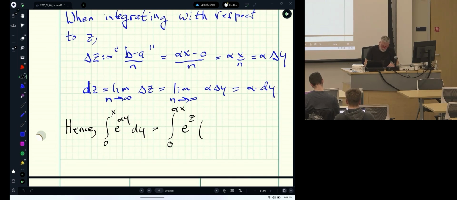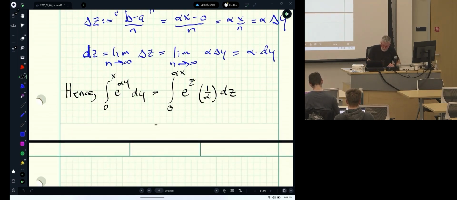And then dy became 1 over alpha times dz, solving for dy. And so, sure enough, it's 1 over alpha. And then instead of plugging in x, we have alpha x and minus 1, and that's the promised answer.